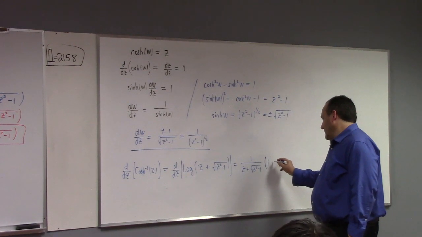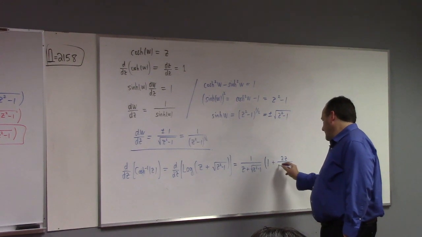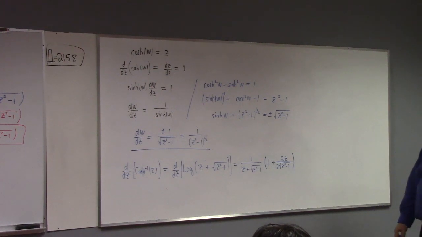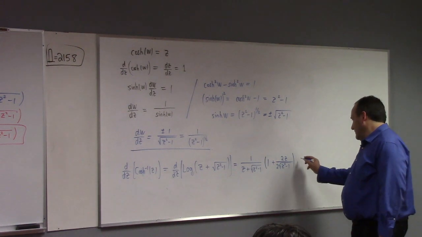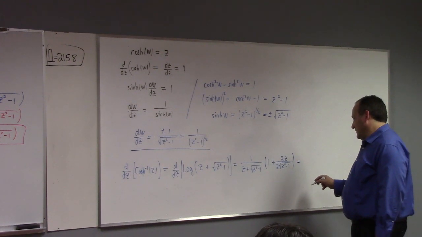1 plus 2z divided by the square root of z squared minus 1, with a 2 down here, right? Because we're differentiating a square root function. The derivative of the square root function is 1 over twice the square root function. Even here, that's still true. And so the 2's cancel. What you got here? We'll make a common denominator.